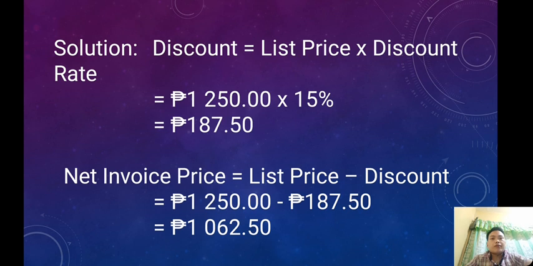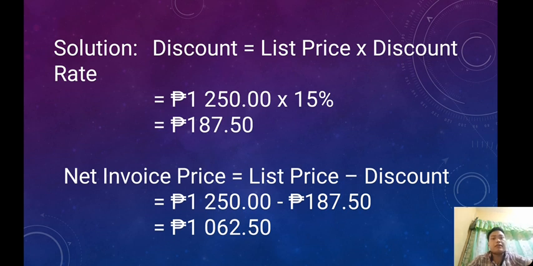Discount is equal to list price times the discount rate. So we have 1,250 times 15%. You cannot directly multiply a whole number by a percent, so what we should do is change it to a decimal.